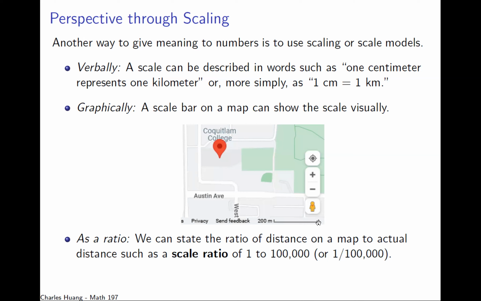Or we can do a ratio, and often we're given a scale ratio. In this case, the map to actual distance is 1 to 100,000. So if I have 100,000 meters in real life, I shrink it down to 1 meter on the map.